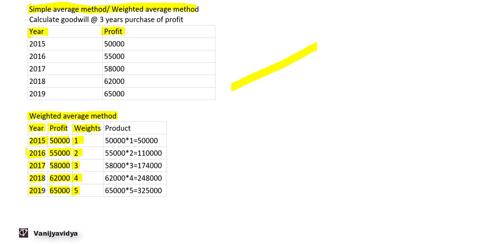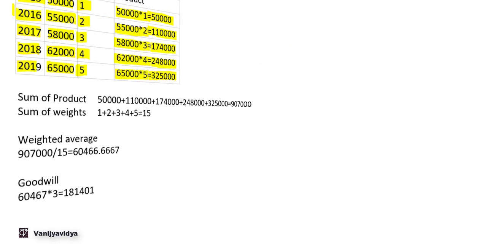Then product is multiplication of profit and weight, so that is 50,000 into 1, so it gives 50,000. Then 55,000 into 2, that is 1,10,000. 58,000 into 3, that is 1,74,000. Then 62,000 into 4, that is 2,48,000. Then 65,000 into 5, that is 3,25,000.